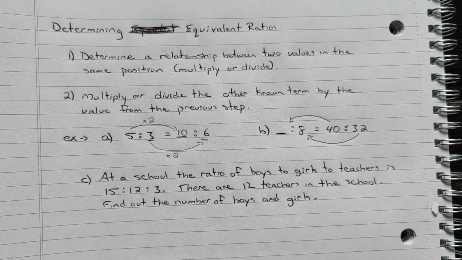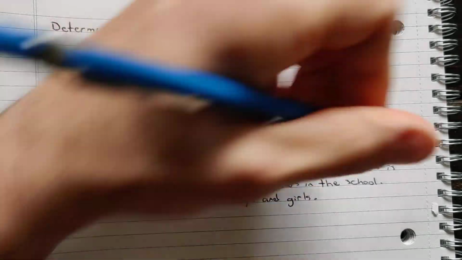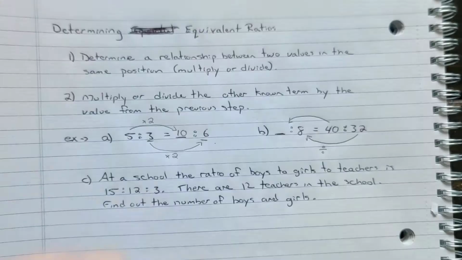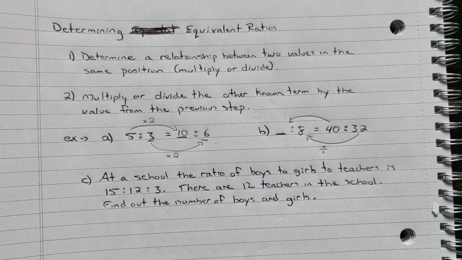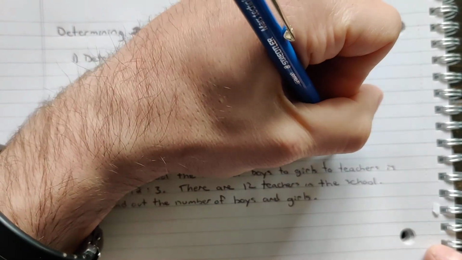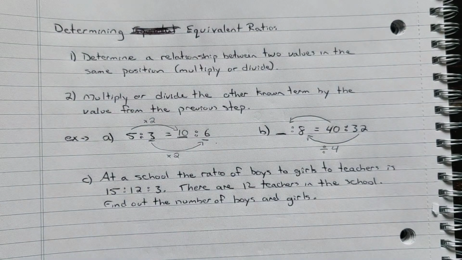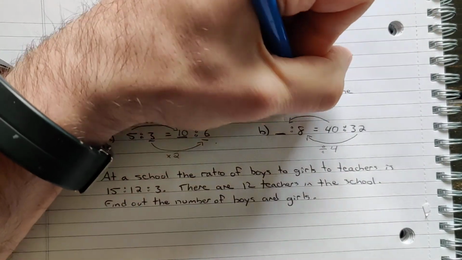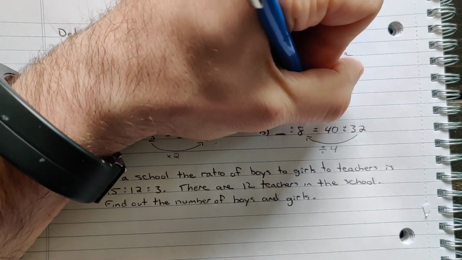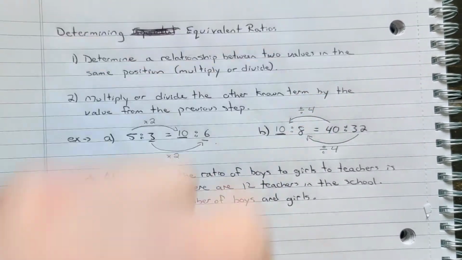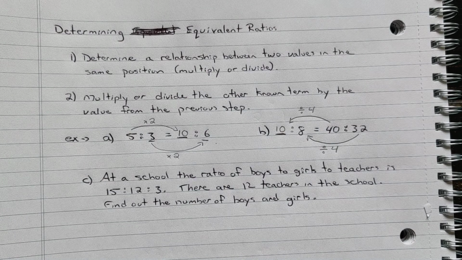To go from 32 down to 8, I'm going to need to divide. 32 divided by 4 gets me 8. And thus, if I do 40 divided by 4, I get 10. So 10 to 8 is an equivalent ratio of 40 to 32.